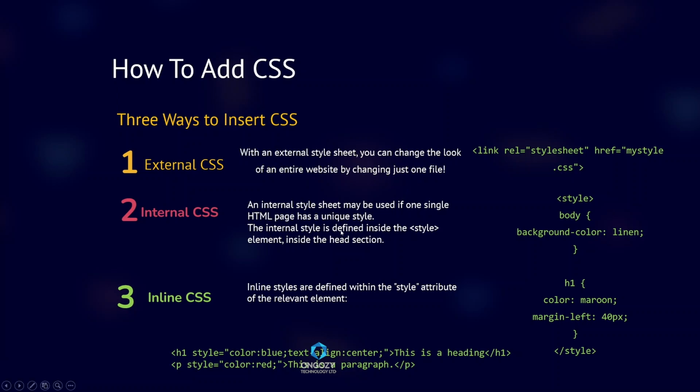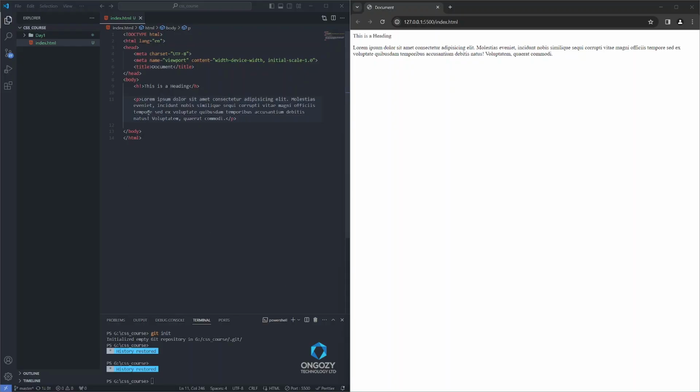The internal style is defined inside the style element inside the head section. And then we have the third one, that is inline CSS. Inline styles are defined within the style attribute of the relevant element. Let us look at what we mean.